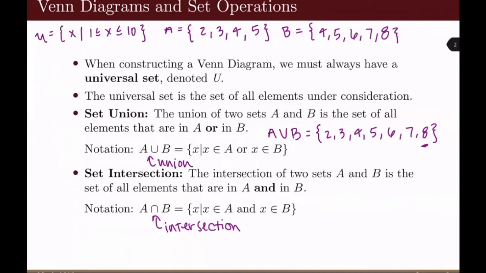Now intersection is A and B. So it must be a common element shared by both sets. So A intersect B is going to be only the elements that A and B have in common. And if we look up at the top of this slide, we will see the elements they have in common are only 4 and 5.